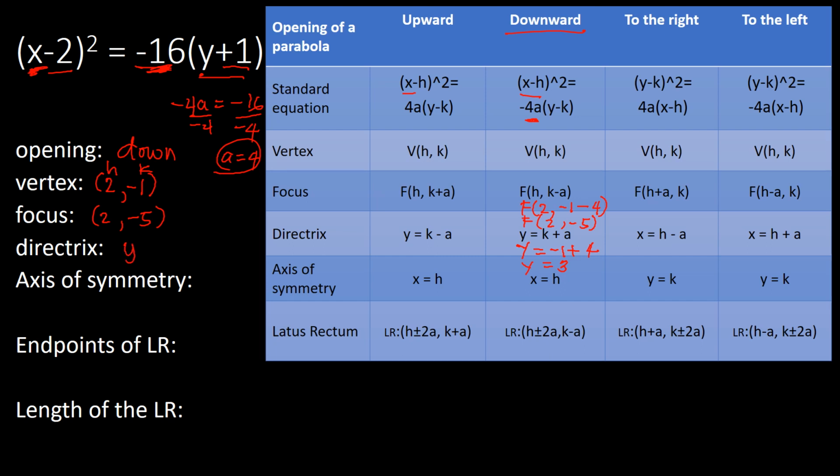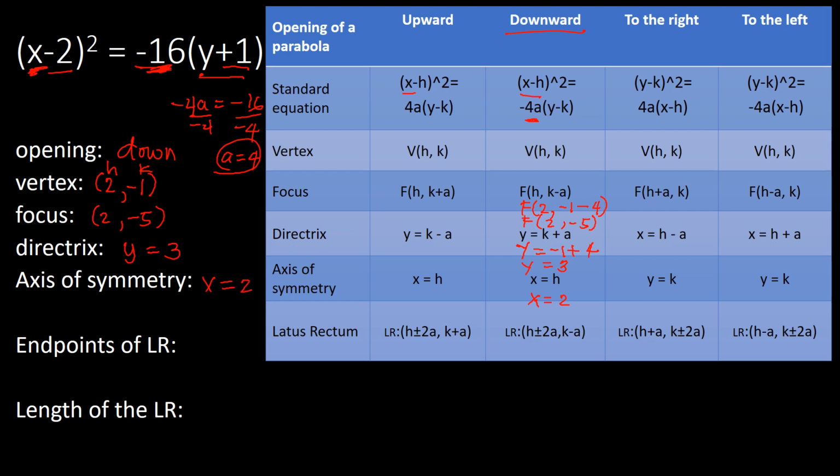So our directrix there is y equal to 3. For the axis of symmetry, we know right away if we look at the vertex and focus, the 2 is common, and that is on the x coordinate. So that should be x equal to 2. Or if we go over to the formula, we've got x equal to our h, which is 2. So again, axis of symmetry, that is x equal to 2.